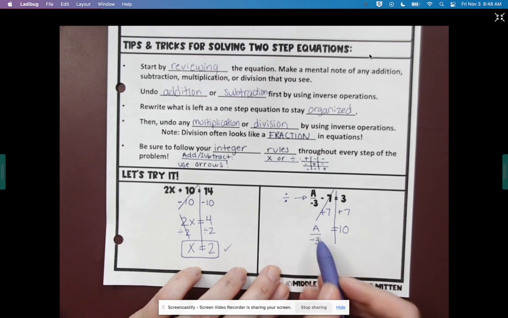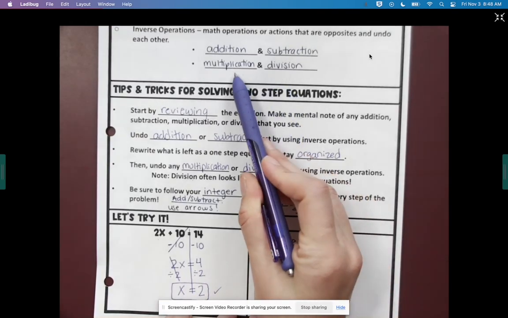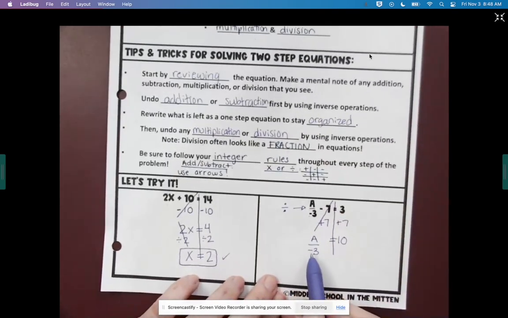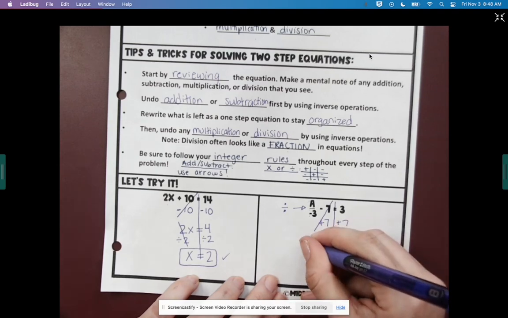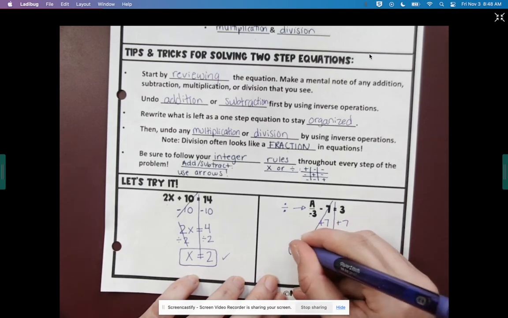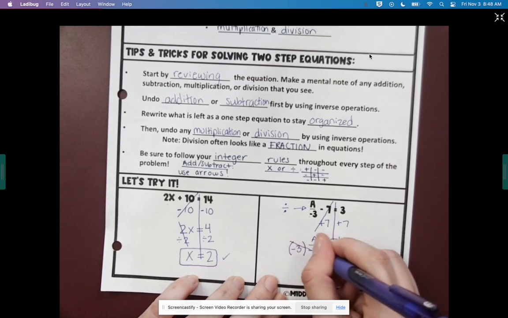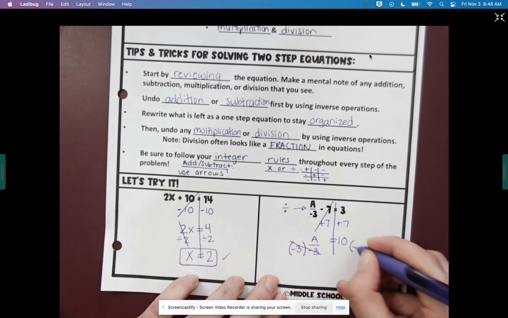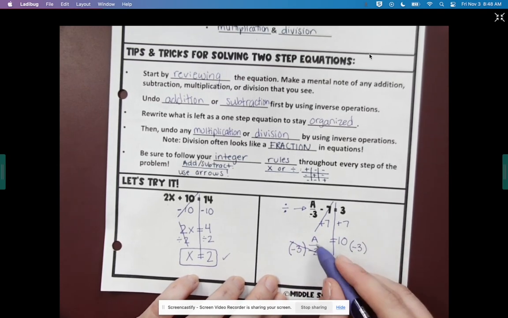So to get rid of division, I need to use multiplication. I don't want it to be -a. So when I multiply, I need to make sure I'm multiplying by a -3 so I can get rid of both the negative and the 3. So I'm going to multiply this side by -3 to cancel them out. I'm going to multiply this side by -3, which leaves me with just a singular a.